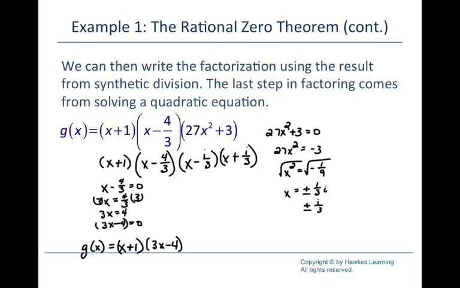Same with the x minus i over 3. We could make that x equals i over 3, multiplied by 3 on both sides. And so that's going to be 3x minus i equals 0. So this can be written as 3x minus i, and the other one would turn out to be 3x plus i.